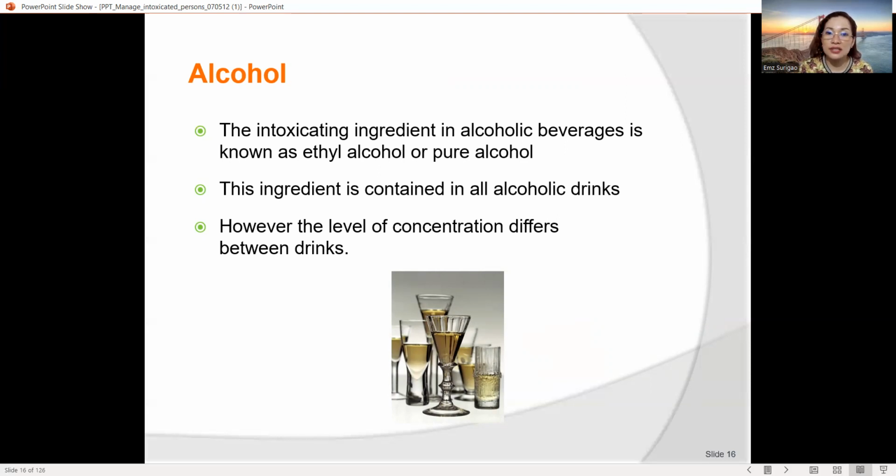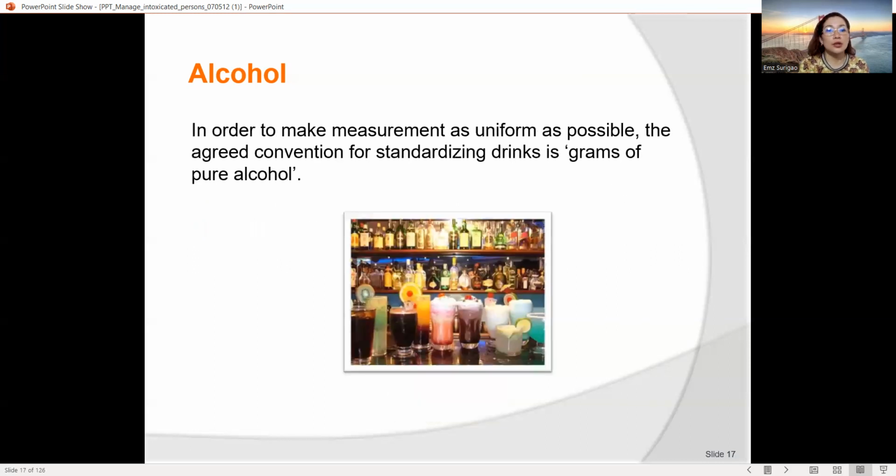This ingredient is contained in all alcoholic drinks. However, the level of concentration differs between drinks. Okay, so it depends. In order to make your measurement as uniform as possible, the agreed convention for standardizing drinks is grams of pure alcohol. So there are measurements for that.